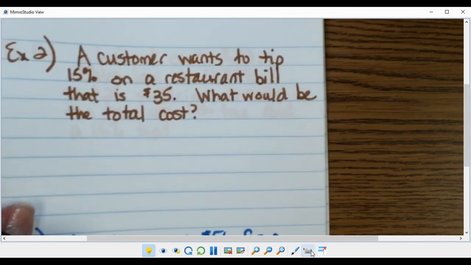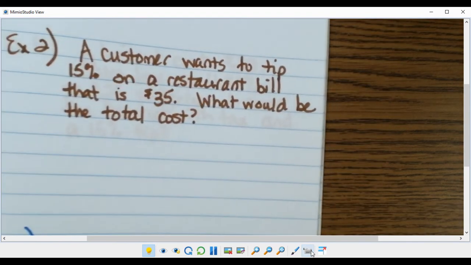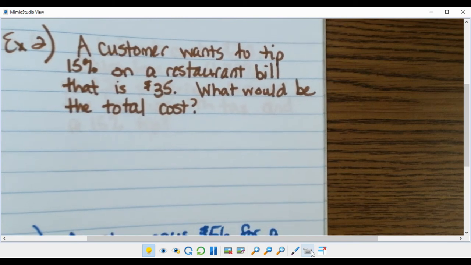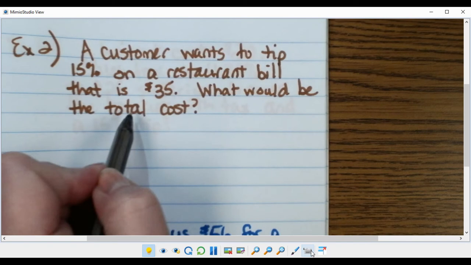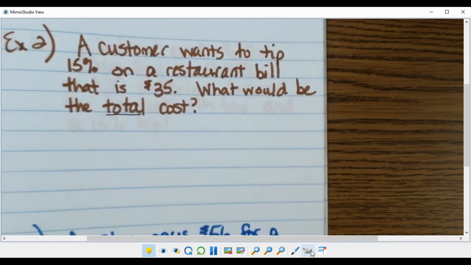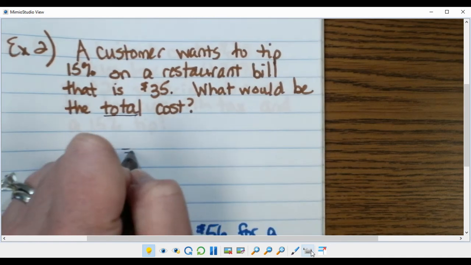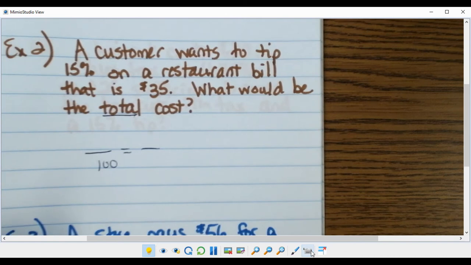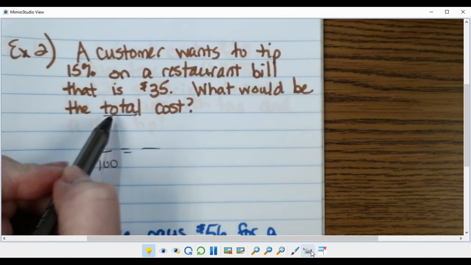Let's talk about adding tip. So a customer wants to tip 15% on a restaurant bill, and the bill is $35. What is the total cost? Sometimes they'll ask for the extra, sometimes they'll ask for the total. All right, I'm going to do line equals line, 100 on the bottom. I'm going to add it first. Since it asks for the total, I don't really need to know the extra.